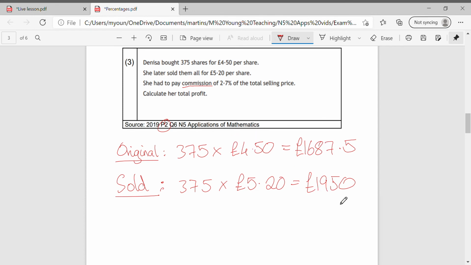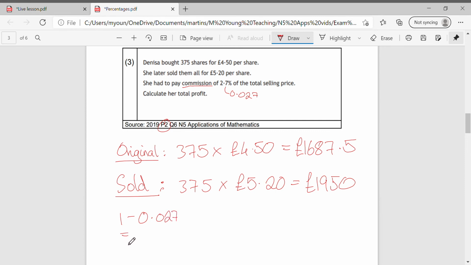Okay, so she sold them for 1,950, but she had to pay 2.7% commission. So to work out what the multiplier is, I'm going to make this into a decimal. And remember, you always start off with 1. So if she's paying commission, that's going to be subtracting.